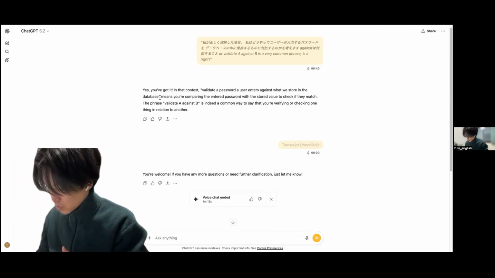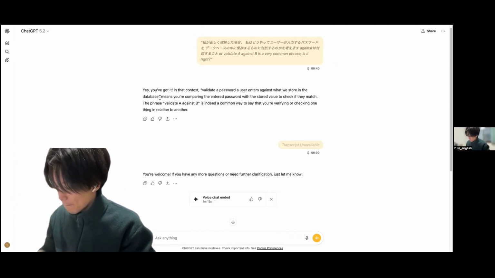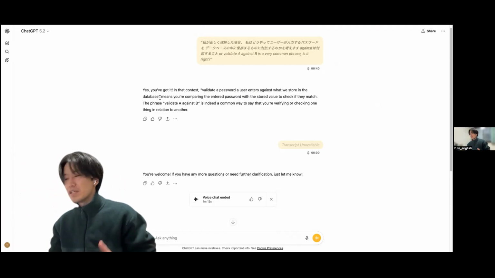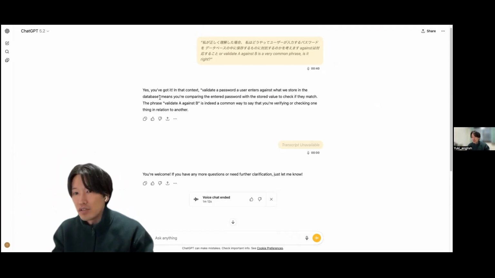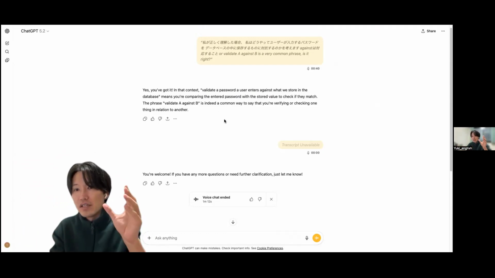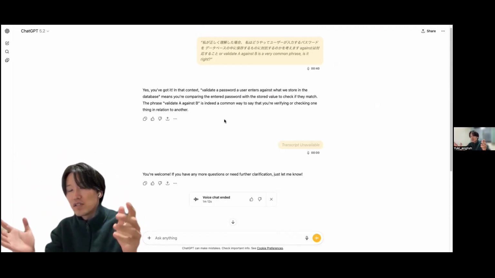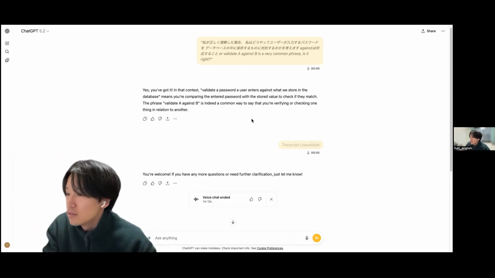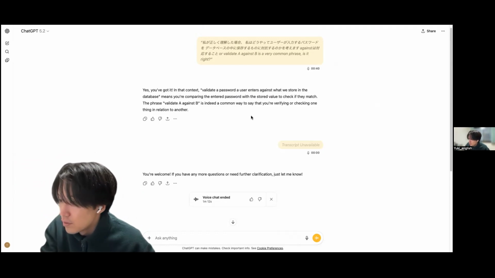Against what we store in the database. Validate means checking. Is it right? A is B. This is validate. Next.